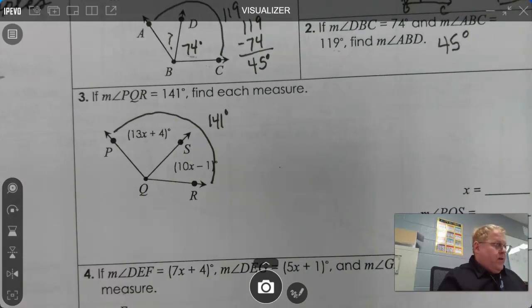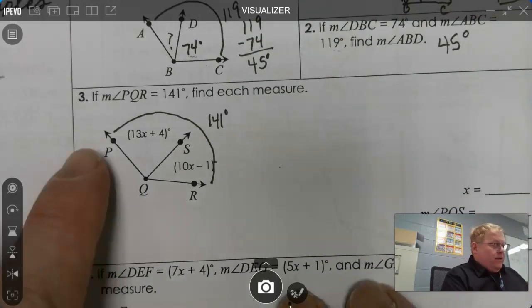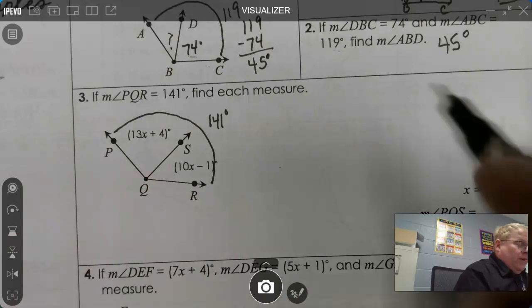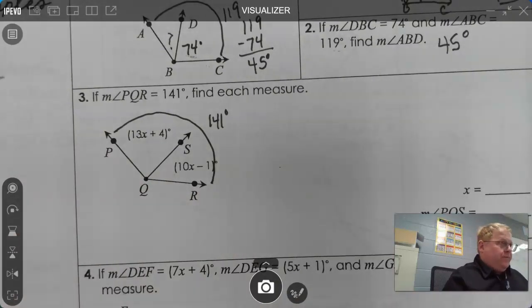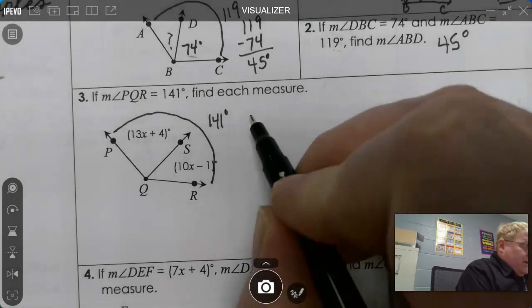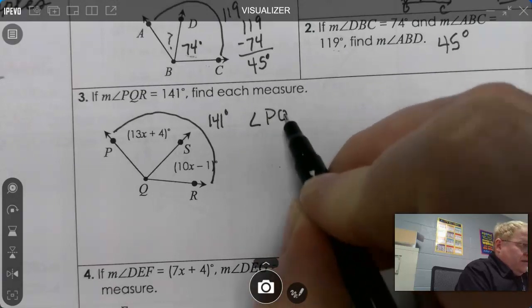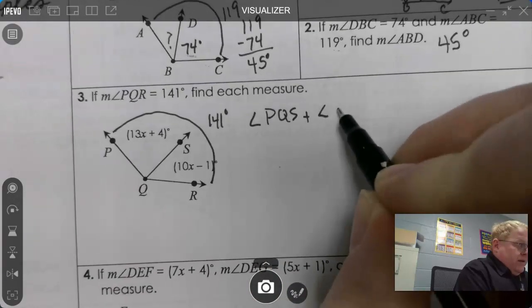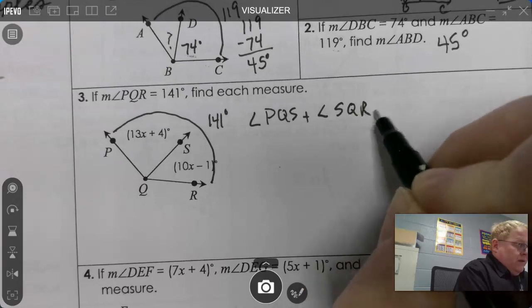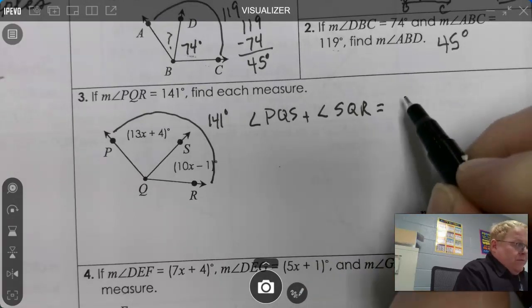Well, what I had you practice with segments, I'm going to have you practice with angles. We're going to say PQS plus SQR equals PQR.